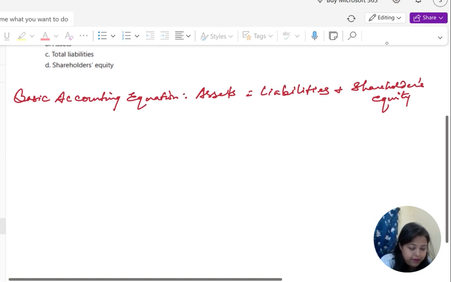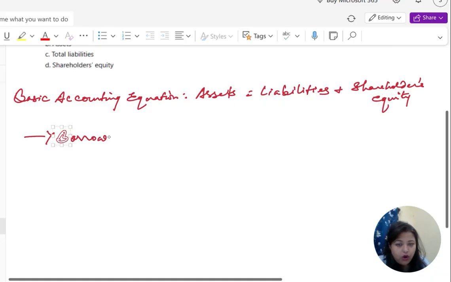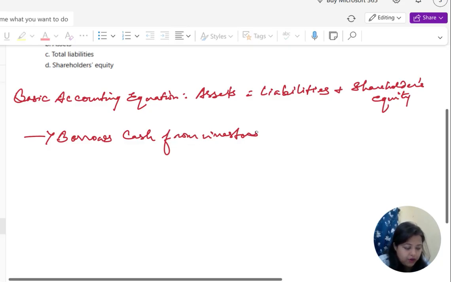Now, whenever a company issues a bond, it borrows cash from investors. So we need to see how this transaction affects each component.